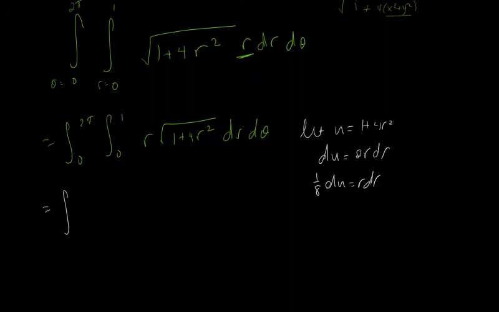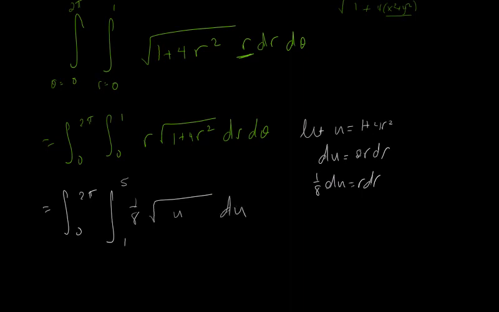So this is going to be equal to the integral from 0 to 2 pi of the integral, and we're changing to u, so this is now going to be 1 plus 4 times 1 squared, so that'll be 5 as our upper boundary, and then 1 plus 4 times 0 squared will be 1 as our lower boundary. Okay, so then r dr is replaced with 1/8 du, so that's going to be the square root of u du.